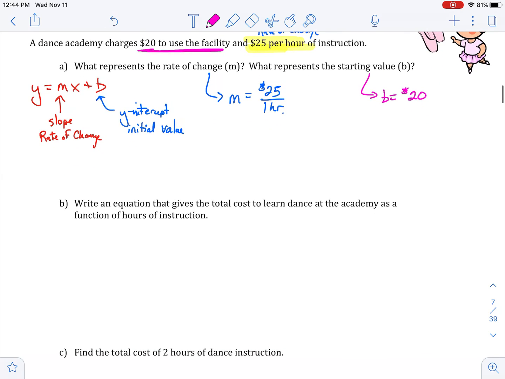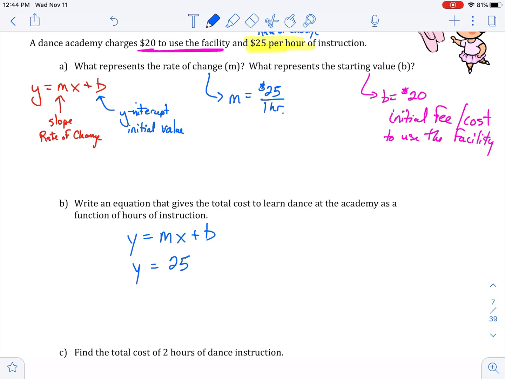In part B, it asks, can you write the equation of what is going on in this problem? Because I have a rate of change and an initial value, an m and a b, I'm going to write this as a reminder: this is an initial fee, or an initial cost to use the facility. So the equation is y equals $25 times the number of hours plus the $20 fee.